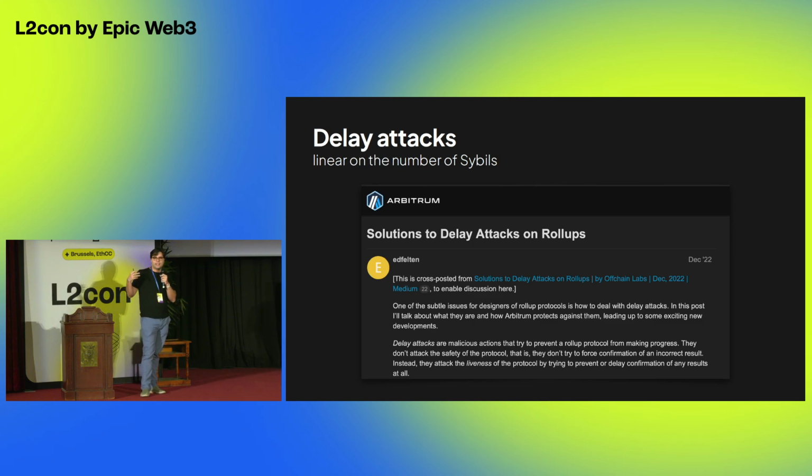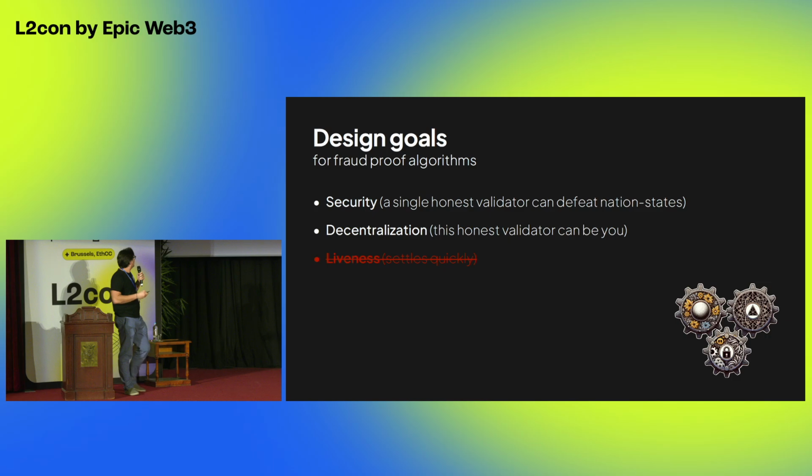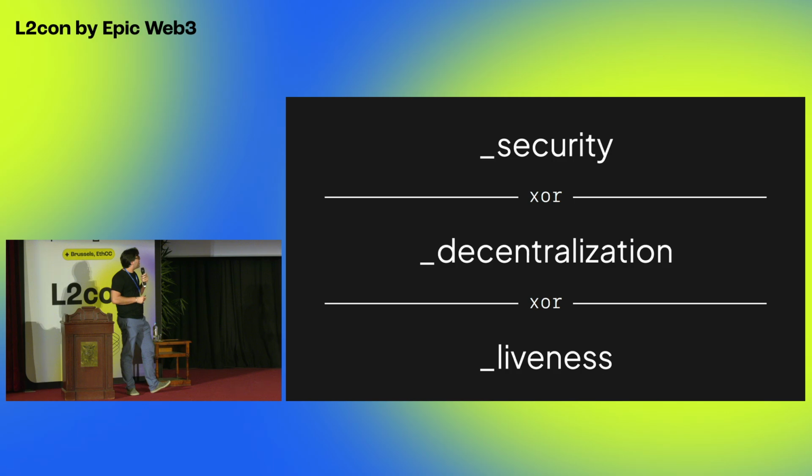However many funds the attacker had, they could keep spending more funds and delay it proportionally, linearly. So you can't take a system that is vulnerable in this way and make it permissionless, because somebody could attack it and you lose finality. So you lose liveness. You don't want to lose liveness. And it turns out that it's quite hard to have all three of them at the same time.